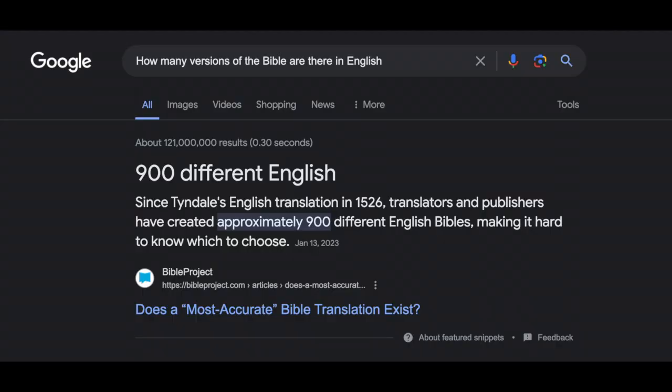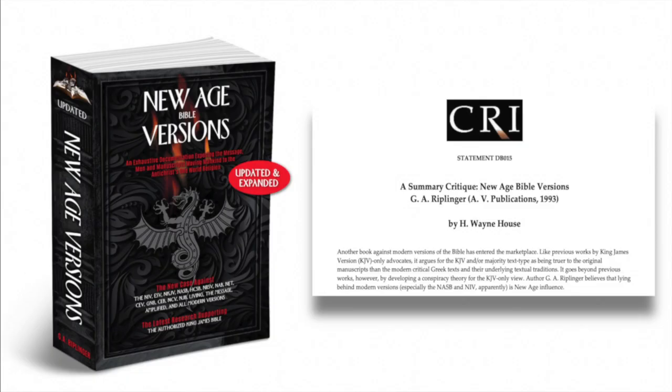So why are there so many English Bible translations? While there are some King James only devotees that will insist that the creation of multiple English Bible translations is part of a New Age conspiracy to move mankind to worship an Antichrist, nothing could be further from the truth.